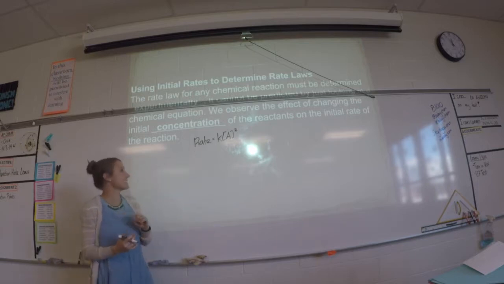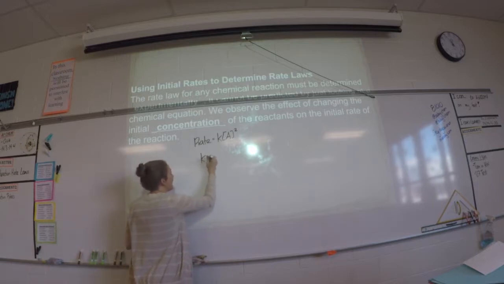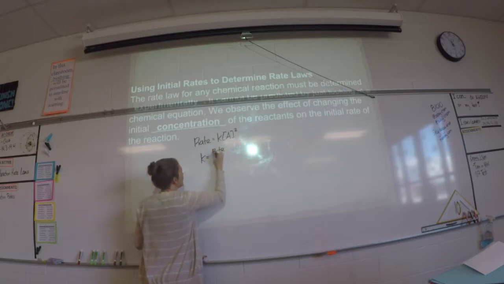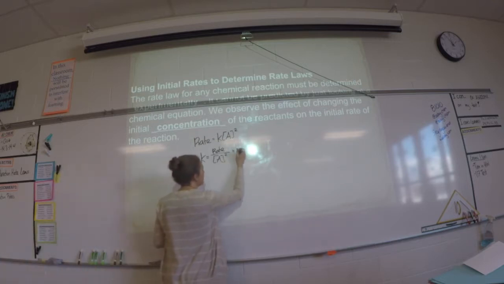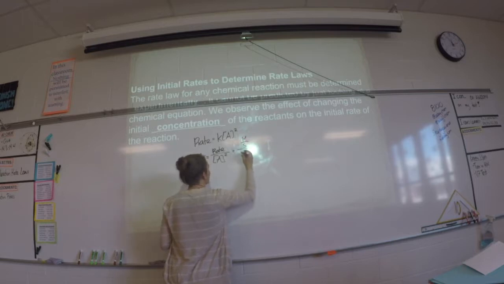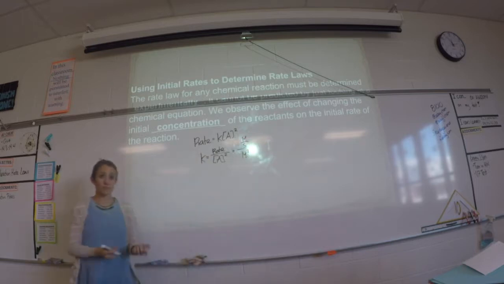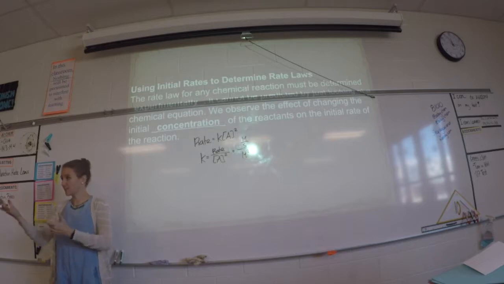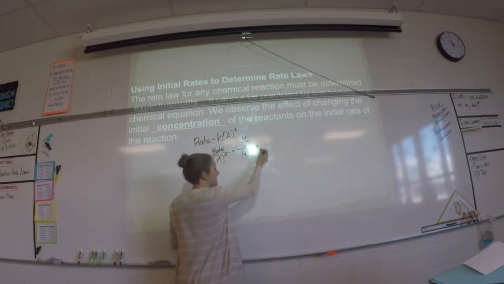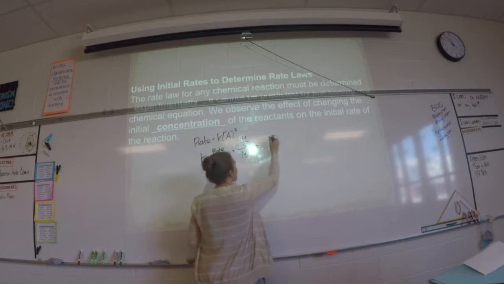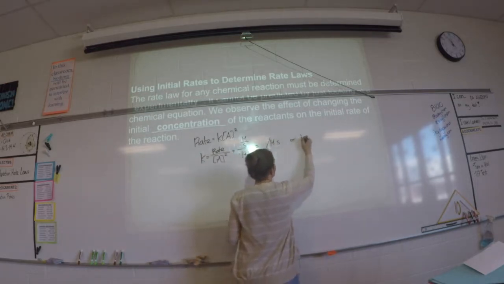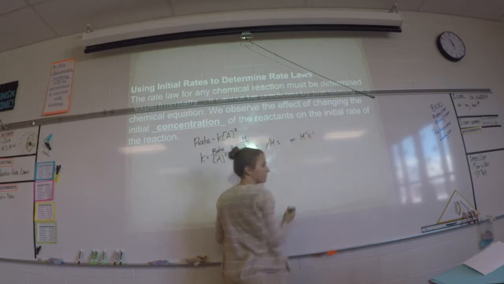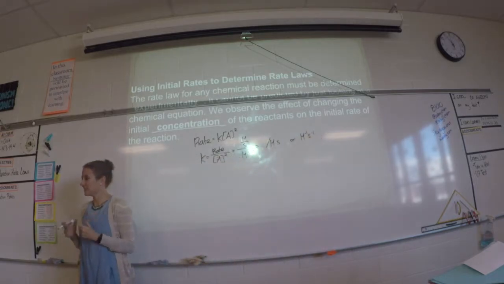But if we just look at it this way, if I'm isolating K, I have the rate divided by the concentration squared. So now we have molarity per second over molarity squared. In the end, that would give me either per molarity times seconds, or you can write it in the inverse style. They mean the same thing, so just recognize that.